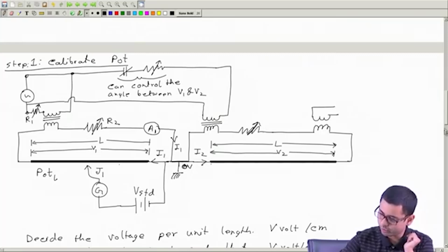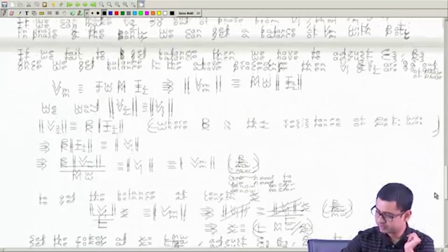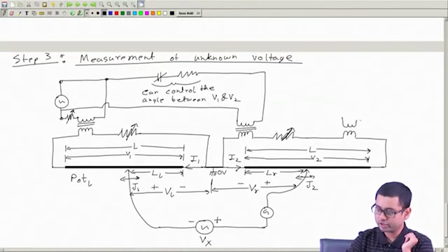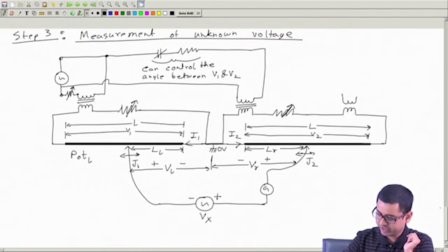So, you can keep it open. In this measurement phase we are not going to use it, you can keep it open. And now we will connect the Vx, and we will have two jockeys.